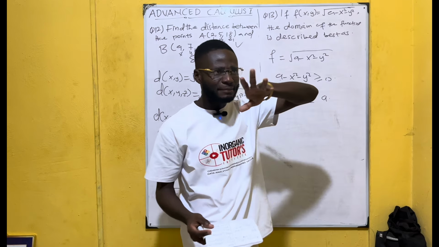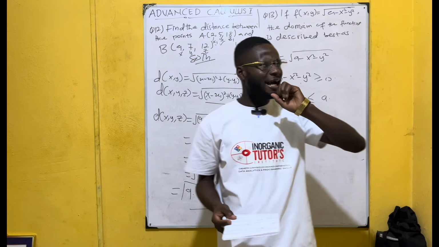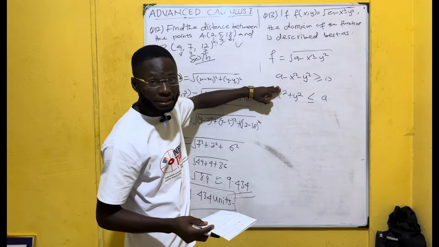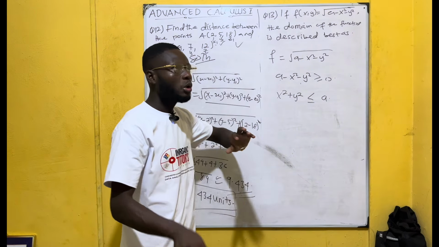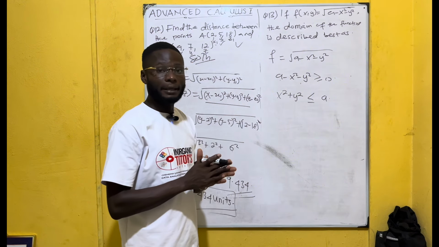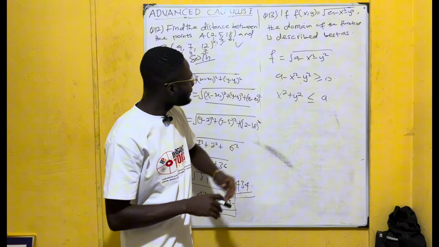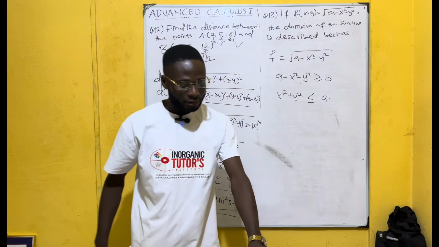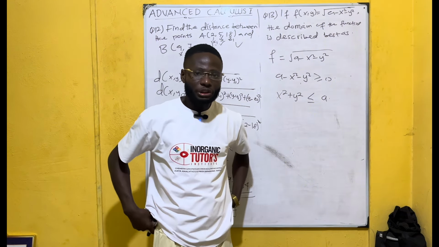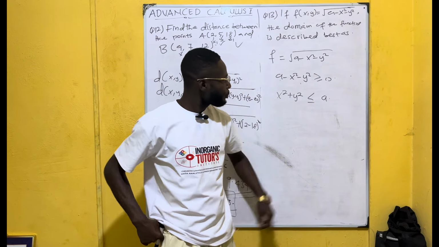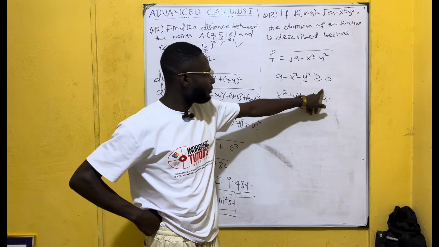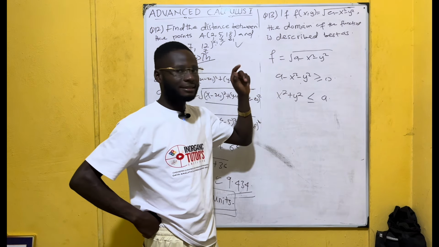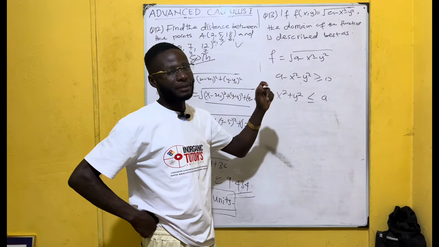So this is basically representing a closed disk, okay? A closed disk that is centered at the origin with radius square root of what? A. Because remember, the original condition is x squared plus y squared equals what?